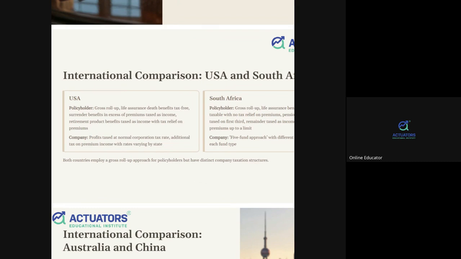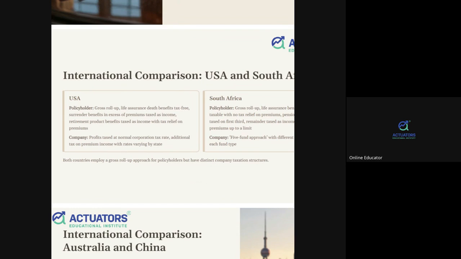In the UK as well, your contributions are exempt, and your investment return roll-up is made on a gross basis. But your proceeds, the pension income amount, is taxed. So the US is very similar to UK pensions in that manner.